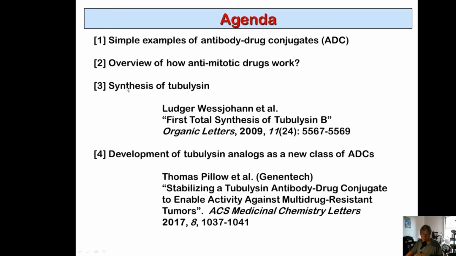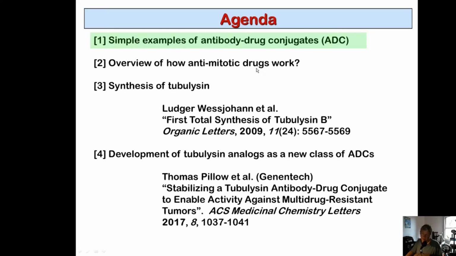So what we're going to talk about are just a couple quick examples of antibody drug conjugates in very broad terms to get us on the right page. And then we're going to talk a little bit about anti-mitotic drugs, because a lot of the antibody drug conjugates, at least those that target cancer, work through an anti-mitotic pathway.